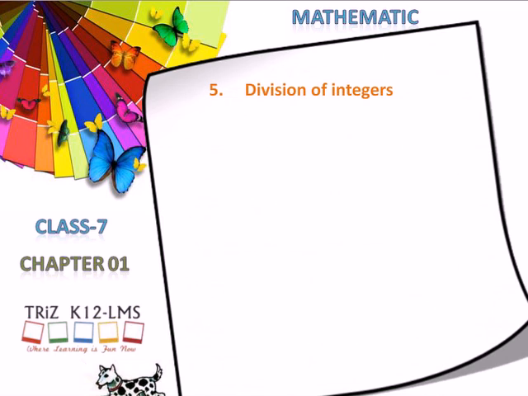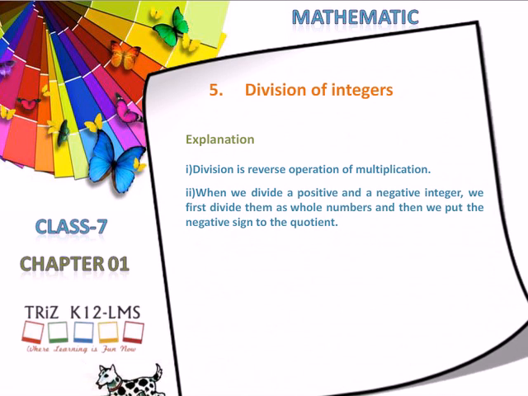Division of integers. Explanation: division is the reverse operation of multiplication. When we divide a positive and a negative integer, we first divide them as whole numbers and then we put the negative sign to the quotient. In general, for any two positive integers a and b, -a ÷ -b = a ÷ b, where b is not equal to 0.